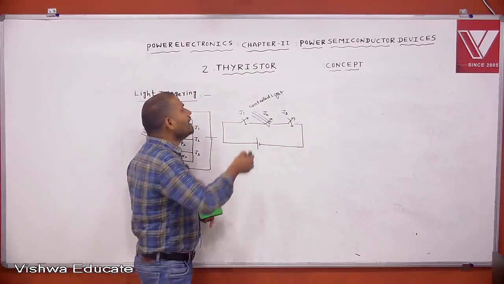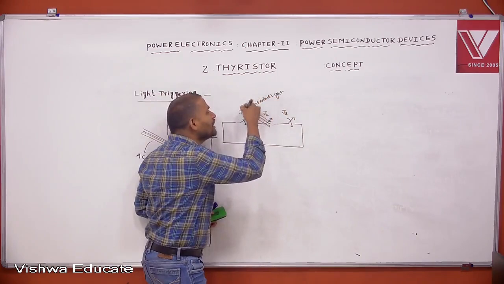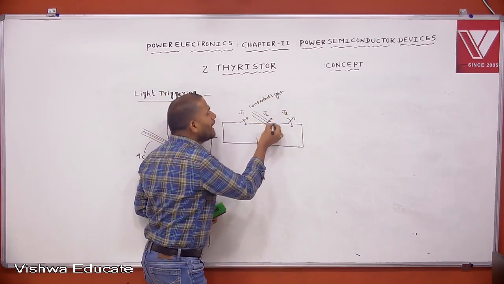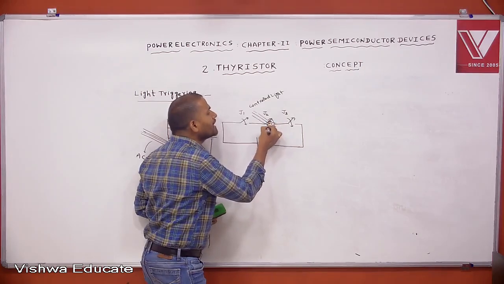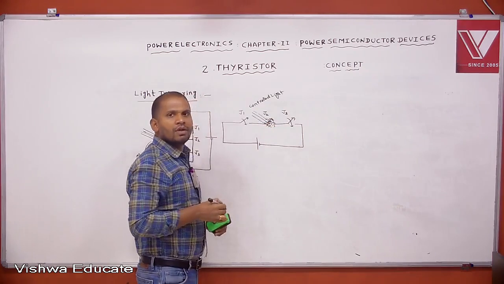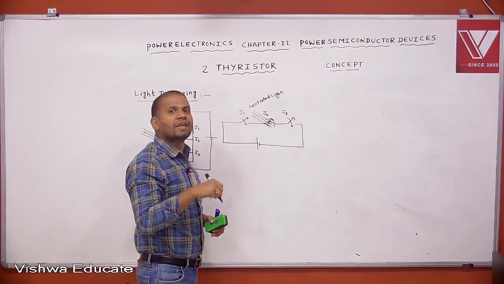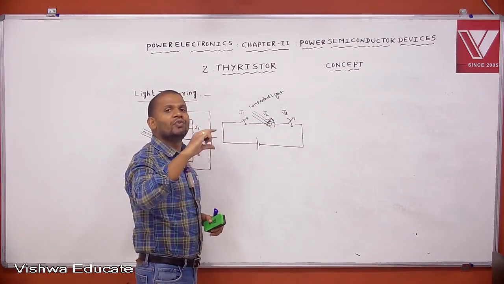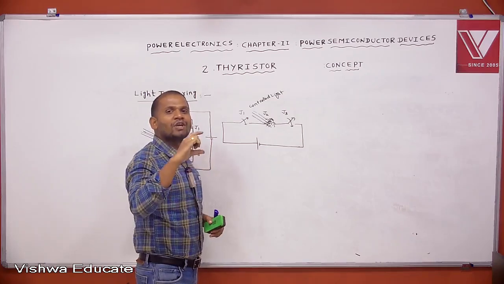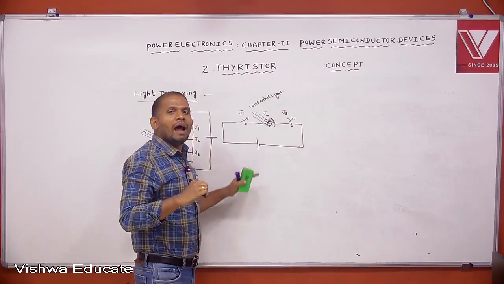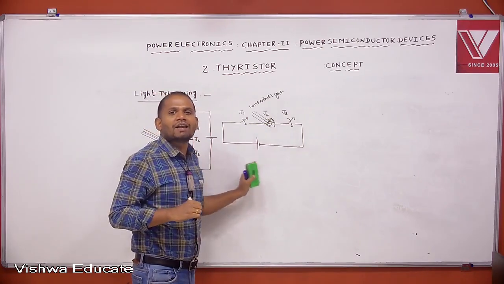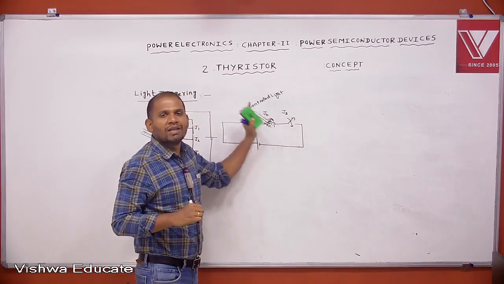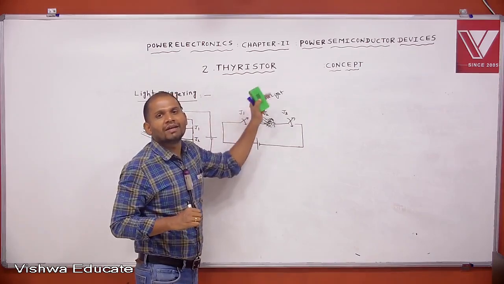That means if light falls at the J2 junction, electron hole pairs are generated. Because of more charge carriers at J2, the J2 width is reduced. When the J2 width is reduced, at a given forward voltage J2 breaks down and the SCR comes into forward conduction mode. This type of triggering is called light triggering.